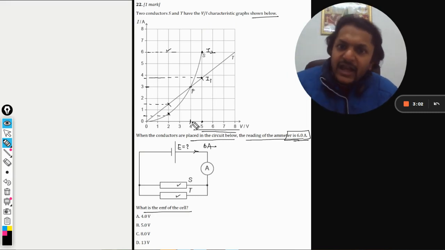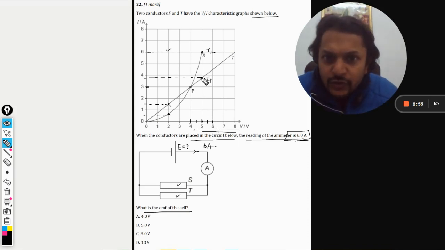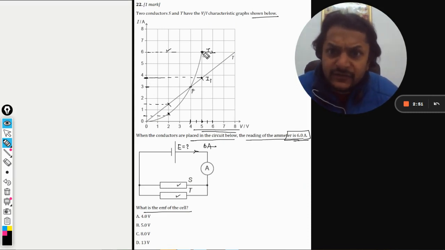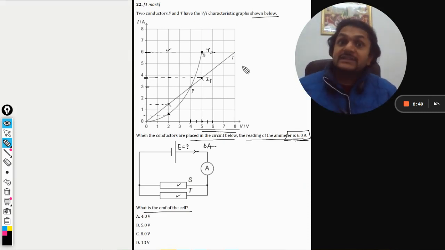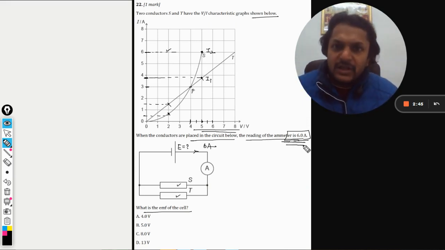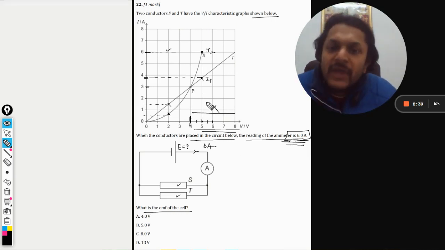And if we are having more voltage than 4, like 4.5, 5, 5.5 or 6, then whatever be the value, here you are having nearly 3.75, but this value is 6, so the total is 9.75. It means you are having a current which is more than 6 ampere. So the voltage cannot be more than 4, so this region is out of question now.